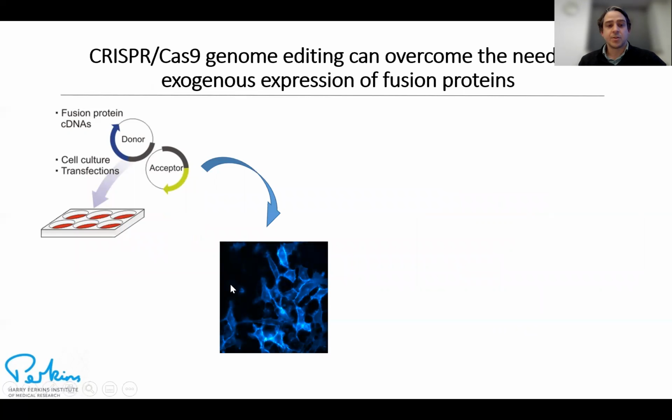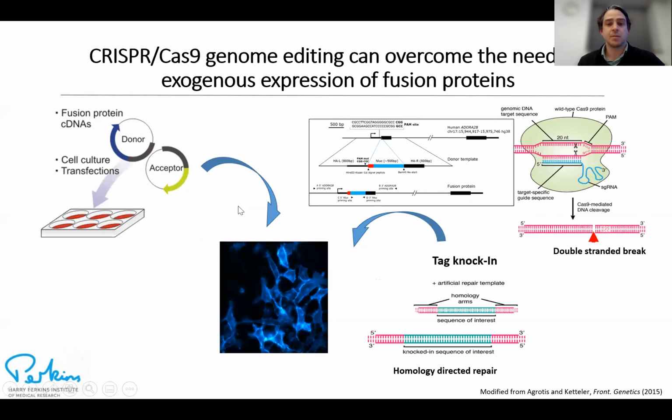A traditional BRET-based assay would be transfecting in our proteins of interest, getting overexpression. What we can do with CRISPR-Cas9 genome editing is go in and directly edit the native genome and insert our BRET-based tags directly into the endogenous genome, resulting in cells expressing a native protein with a tag.